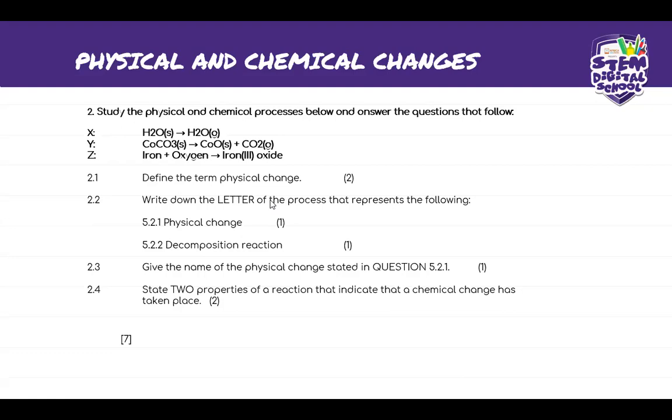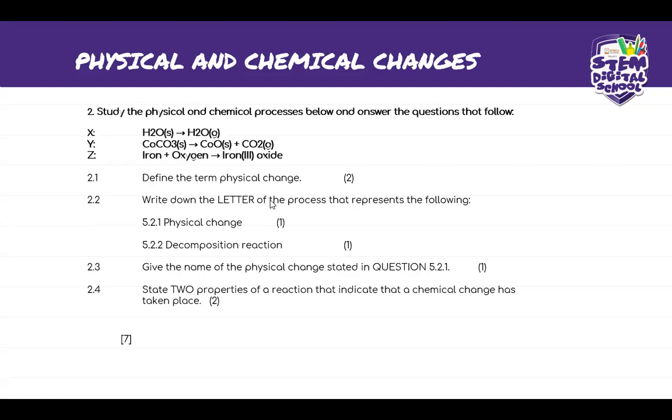Okay, so we've got X and then we've got Y. Y is going to be CaCO3 gives you CaO plus CO2. And then Z is going to be iron plus oxygen gives you iron oxide, iron 3 oxide.